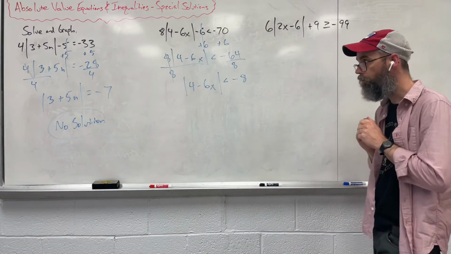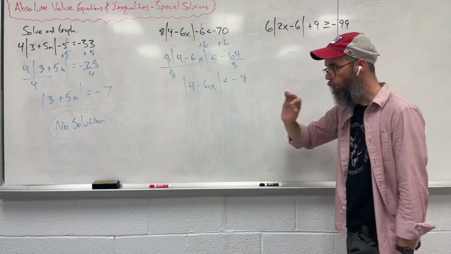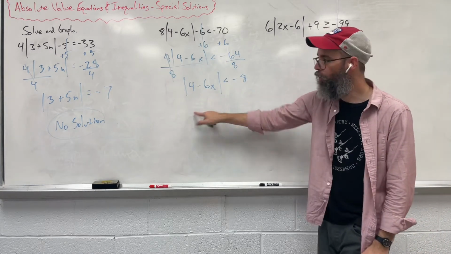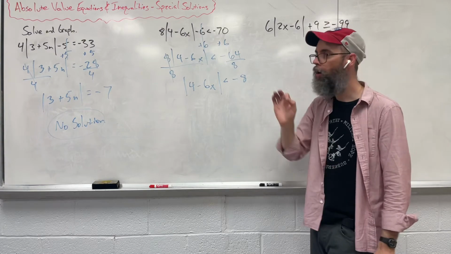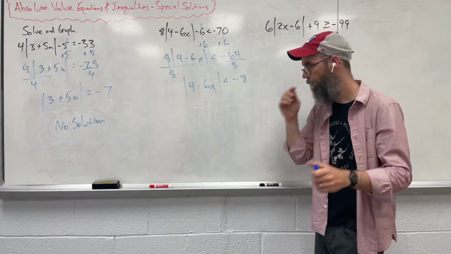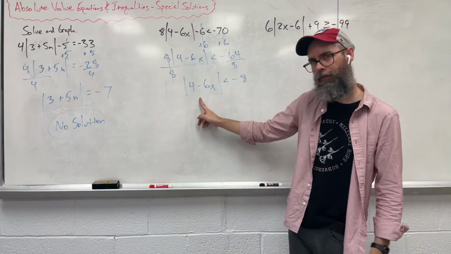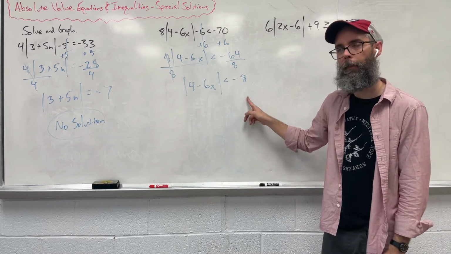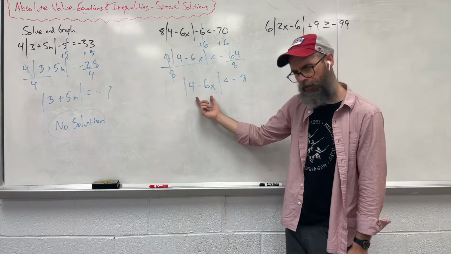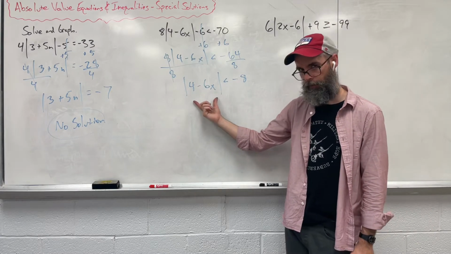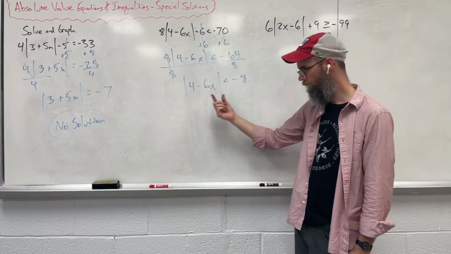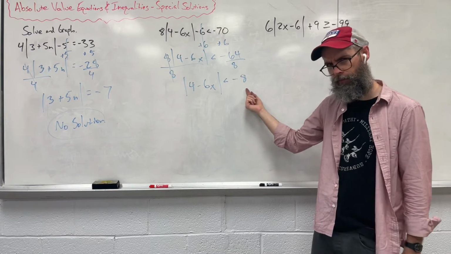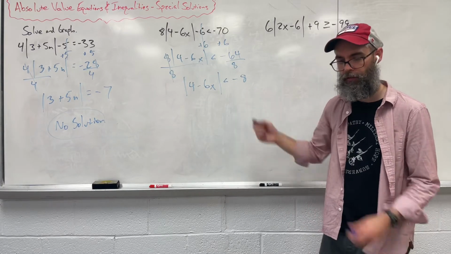Okay, so again, once you get the absolute value alone, before we rewrite, stop, pause, think. The absolute value is less than a negative number. The answer to an absolute value should be a positive. So we're saying a positive number is less than a negative? That doesn't make sense.